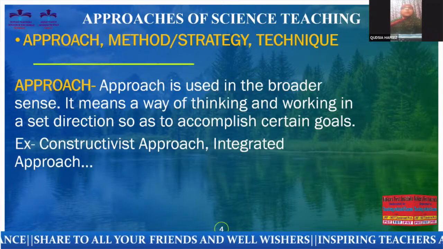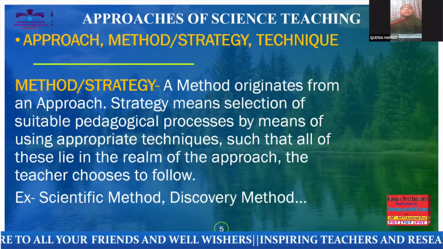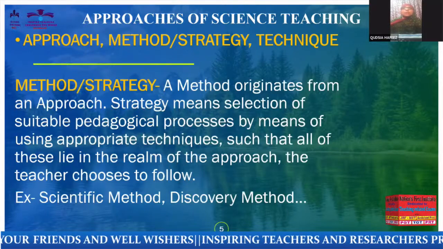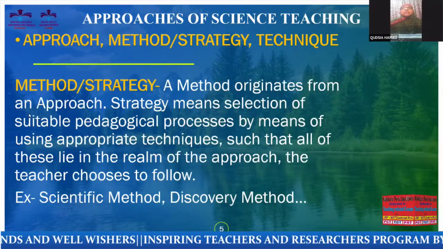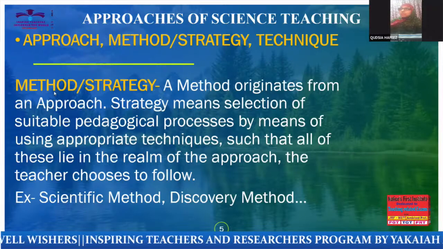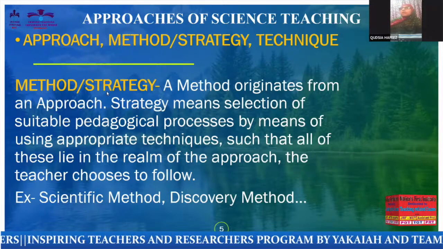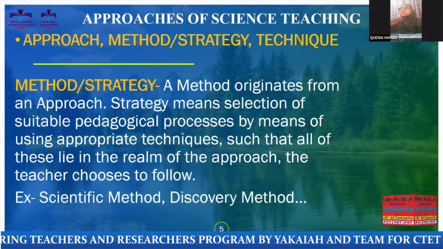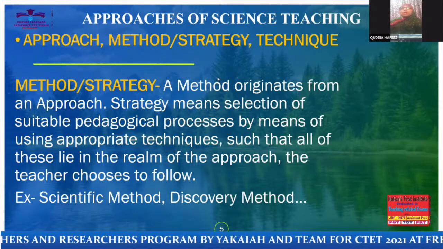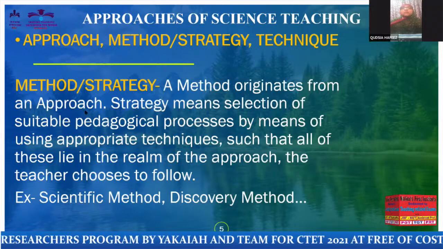Now if I go with the next one, that is method or strategy. It is traditionally termed as method, and in contemporary times we are terming it as strategy. So what is the meaning of it? A method originates from an approach.